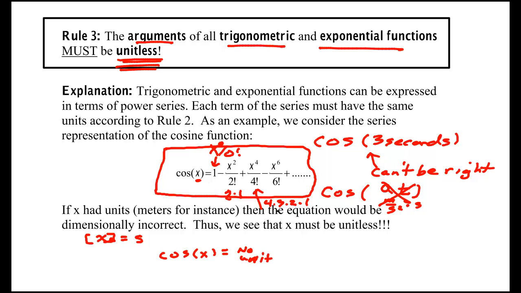That would be 1. And then it would be minus, and then this term would have the units of second squared. And then this unit would be second to the 4th. And then this one would have the units of second to the 6th. And remember, I'm not really subtracting, I'm just looking at the terms. So this has nothing, this would be second squared, this would be second to the 4th. This cannot be, it violates rule 2.